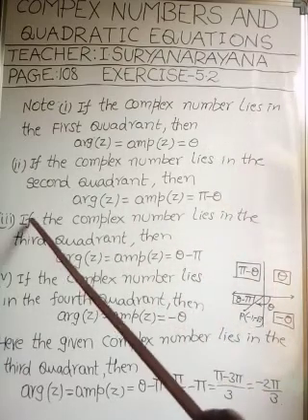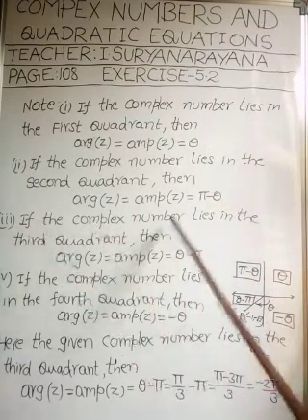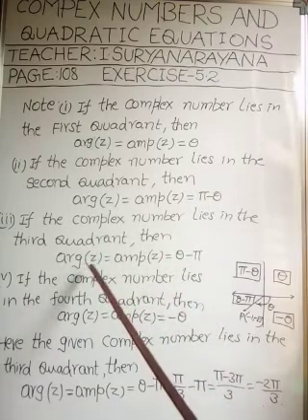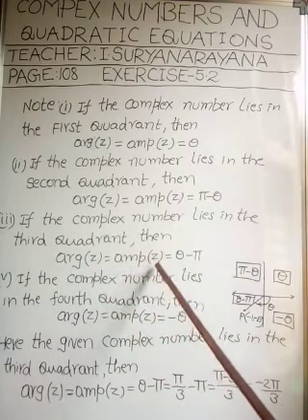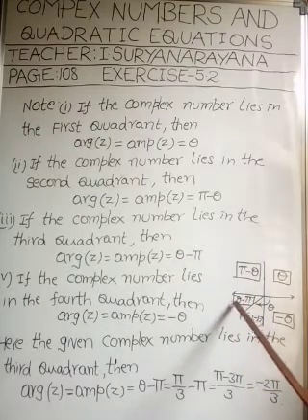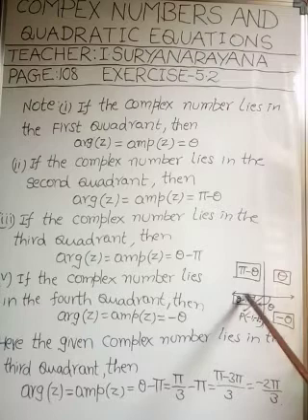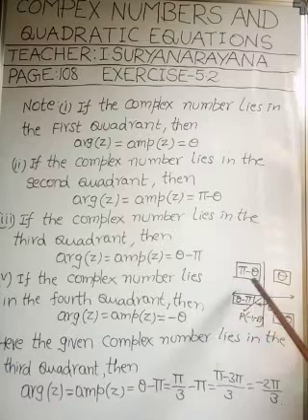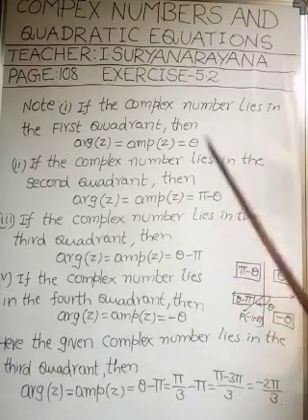Right. Now come to the third point. If the complex number lies in the third quadrant, then the argument of z, that is nothing but the amplitude of z, is equal to theta minus pi. I wrote here theta minus pi. This is the argument of z or amplitude of z, theta minus pi. Okay, my children, understood this point? Right.